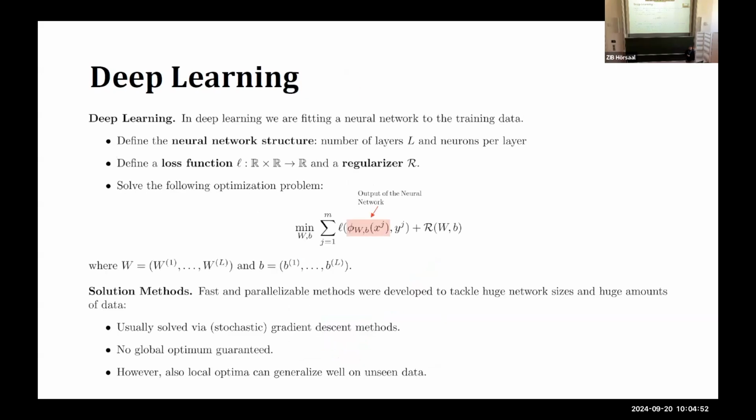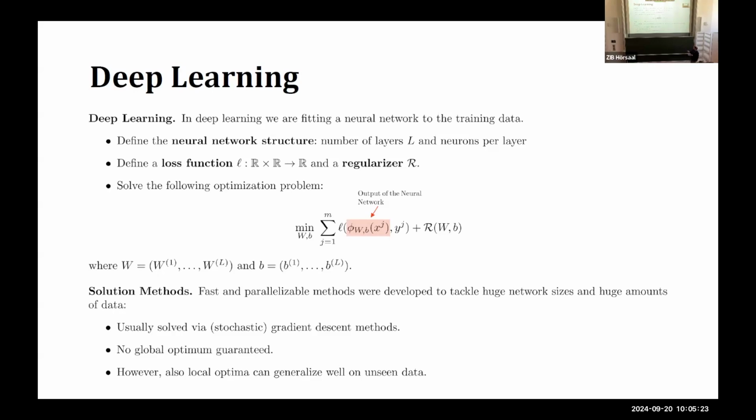And in deep learning, you're doing exactly this, but your function is now a neural network. So you have to define your structure. Your neural network has a certain amount of layers and neurons, so you have to fix that. Then you have to define a loss function. This can be the squared loss or logistic loss or whatever. Normally, you use what's called a regularizer, which is to ensure that during the training process, the weights behave well.